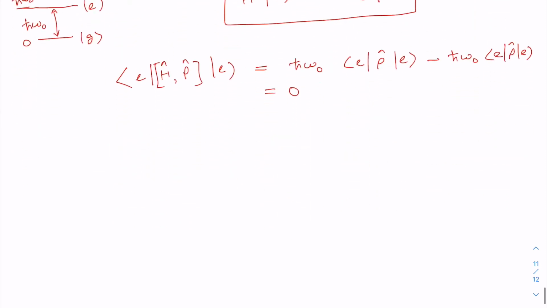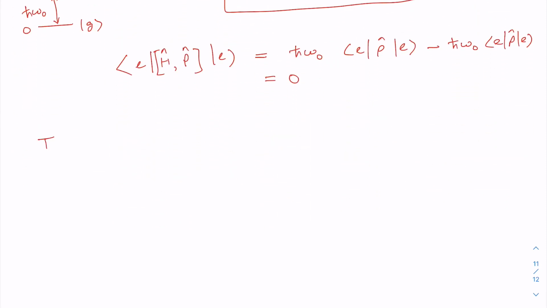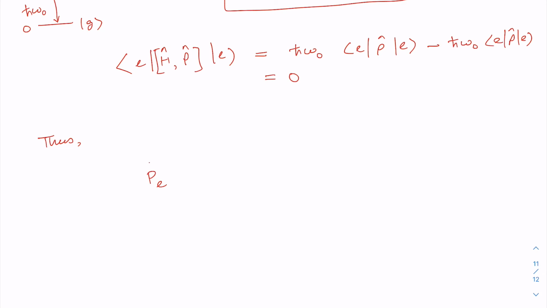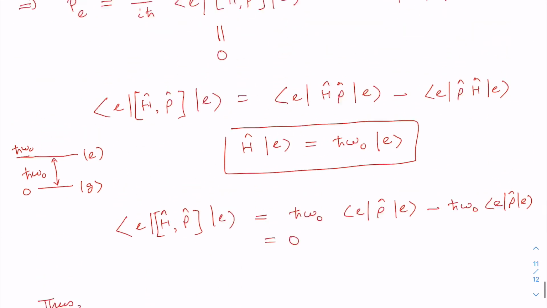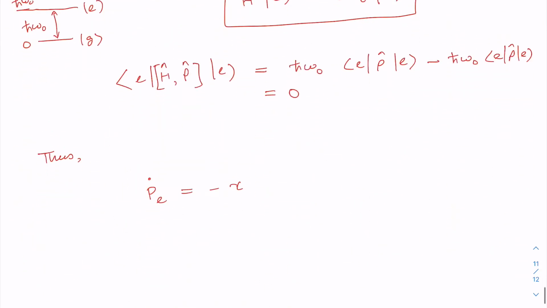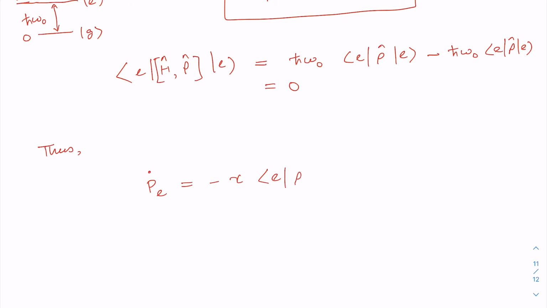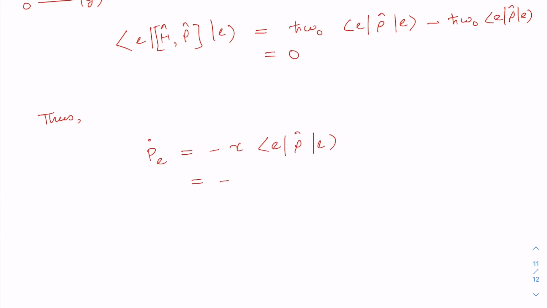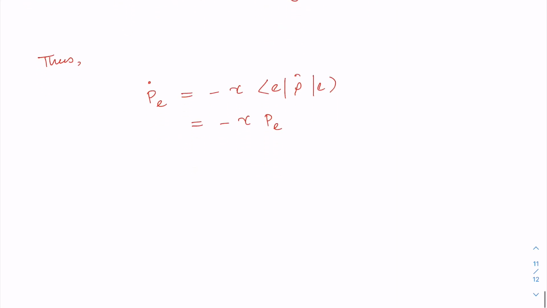Therefore, we will be left with only Pe dot equal to minus gamma ρ_EE, which is nothing but the probability of getting the atom in the excited state.